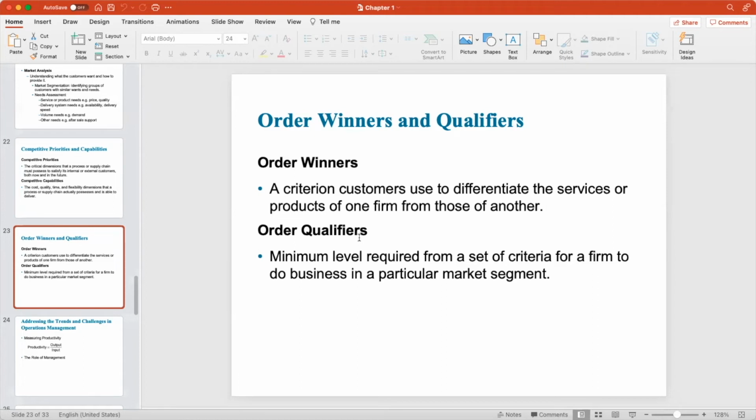So order qualifiers are basically those specific characteristics that will help you to rule out certain alternatives among all. Then what are the order winners? Very simple. Finally, since you only want to buy one product, right now you have 4 alternatives, and you need to pick one out of these 4.